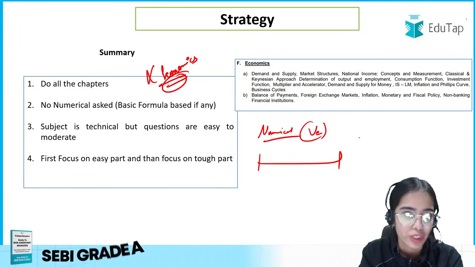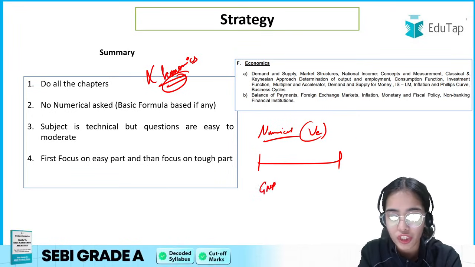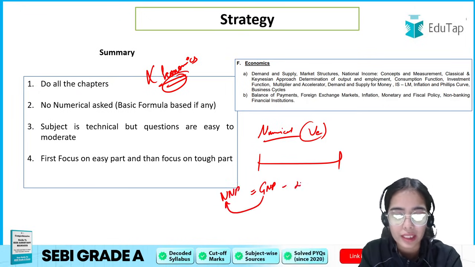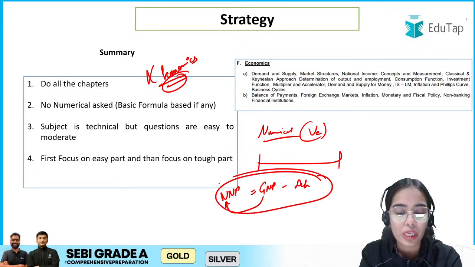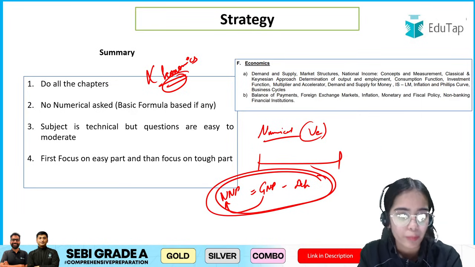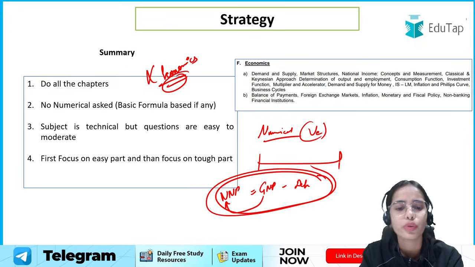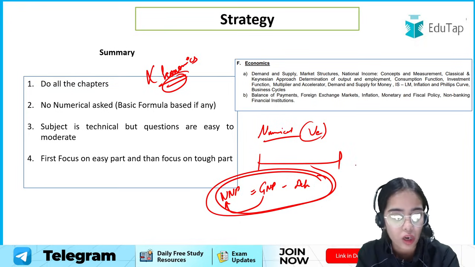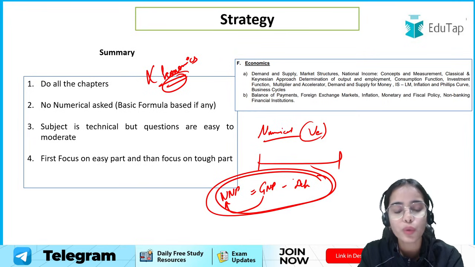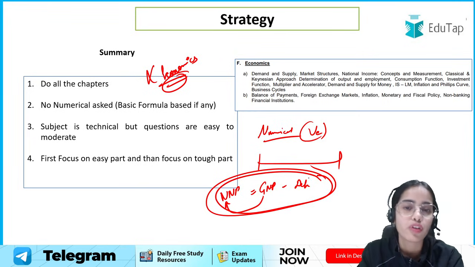Directly formula based questions can come, like if you have to convert GNP into NNP, how can you convert gross into net? Deduct the depreciation. So directly the formulas, or if you have clarity of the concept, you will be able to do it if a numerical comes. So you do not have to focus too much on numericals in economics. Even if a numerical comes, it will be directly formula based, and you will be able to do it if you have understanding and clarity of the concept.